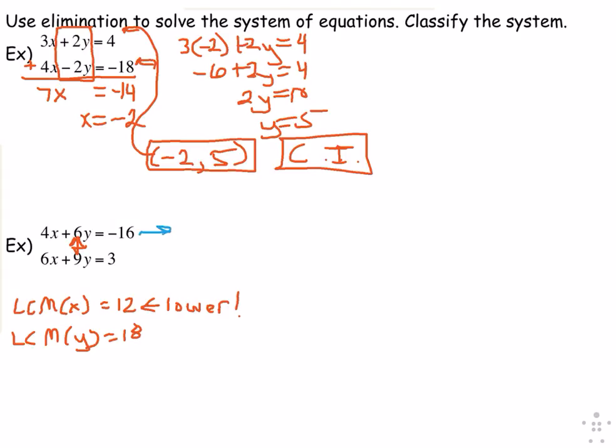So the top one I'll multiply by 3, and distribute to both sides, so all terms, in other words, get tripled. And then realizing that the coefficients of x have the same sign, they're both positive, I need to multiply the second equation not only by 2, but also by a negative.